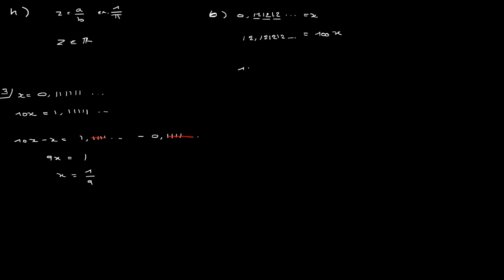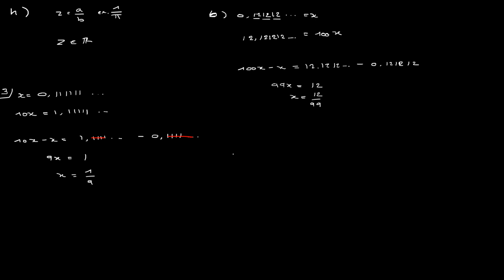So you can do 100x minus x is equal to 12.1212 forever minus 0.121212. And then you find 12 is equal to 99x. So x is 12 over 99.